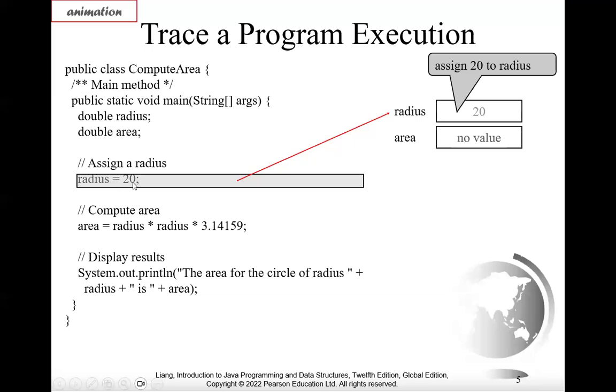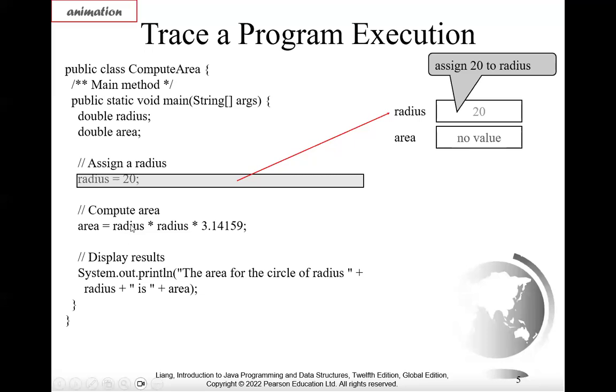We now have assigned a value to radius. At this point, radius was without a value, but now radius has a value, and the value is 20. So we have the arrow telling us that now we have updated the value of radius. With this, we have everything we need. We have a constant for pi. We have the value of radius to be 20.